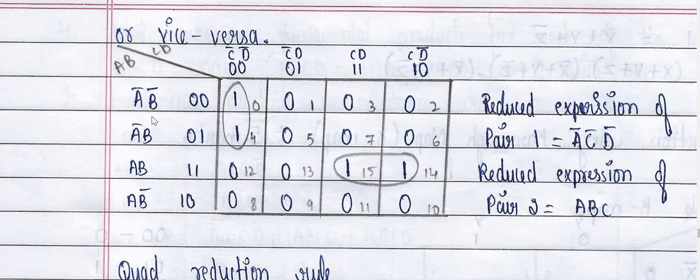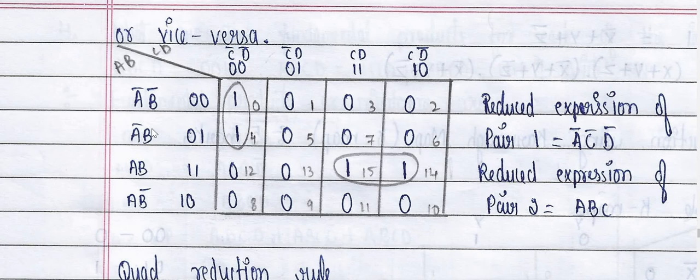A bar B bar, then A bar B. In these two minterms, one variable is changing. See here, B bar is changing to B. The first variable A bar is not changing. This variable B is changing, B bar to B. Whichever variable is changing, that variable we can remove.